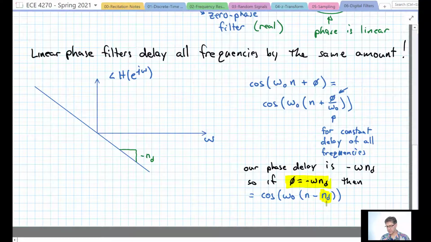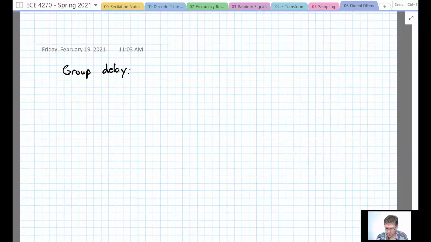So it's just a regular cosine delayed by n_d samples, and it's delayed by that many samples regardless of what the frequency is. On the left, I just threw up a plot there to show that if we were to plot the phase function, you get this nice linear function.